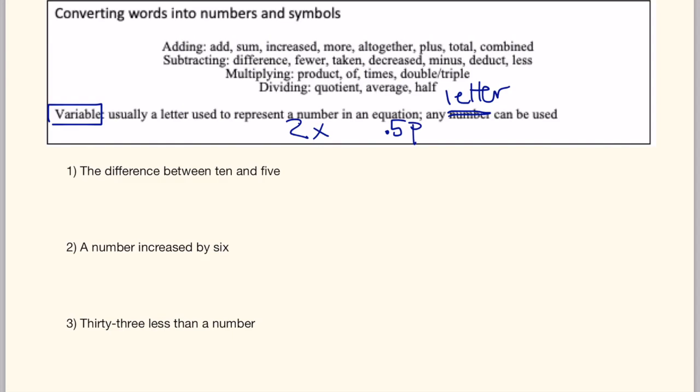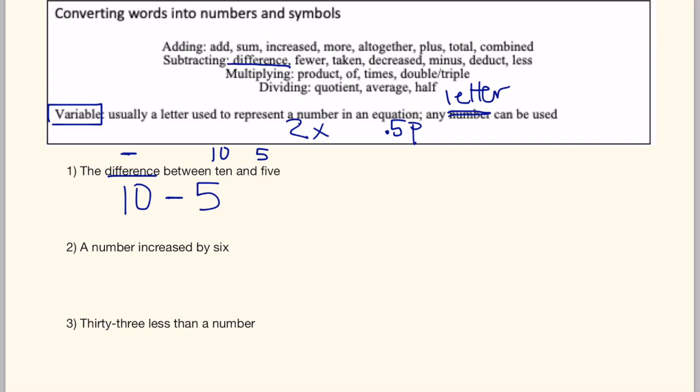The difference between 10 and 5. If we're thinking about difference, we can look back up here, and difference is with subtracting. So we know we are going to be subtracting between 10 and 5. So 10 minus 5.